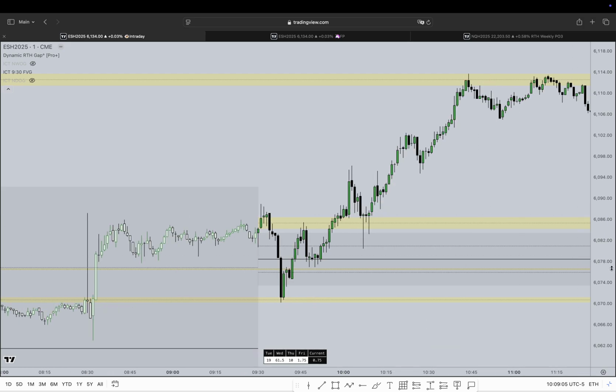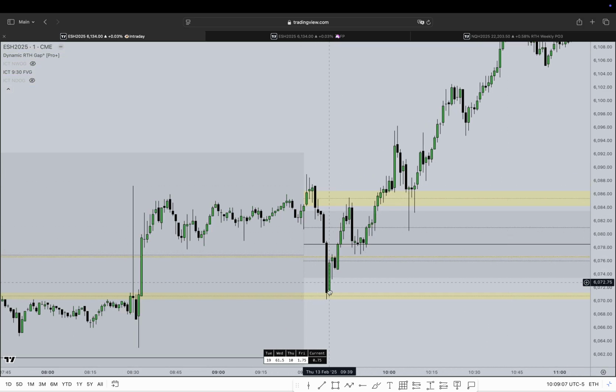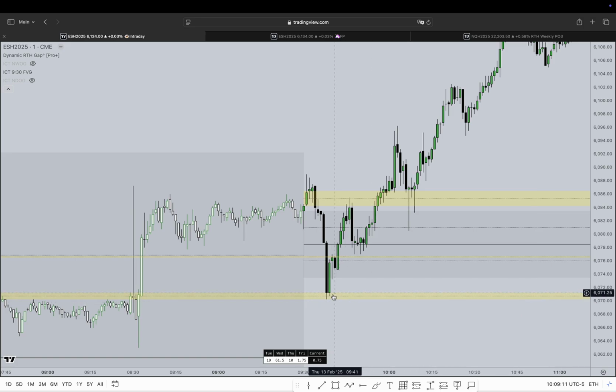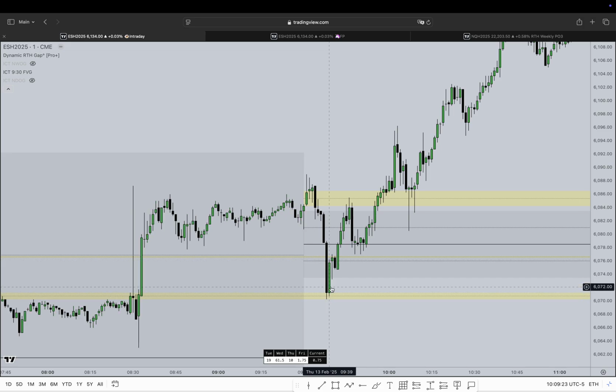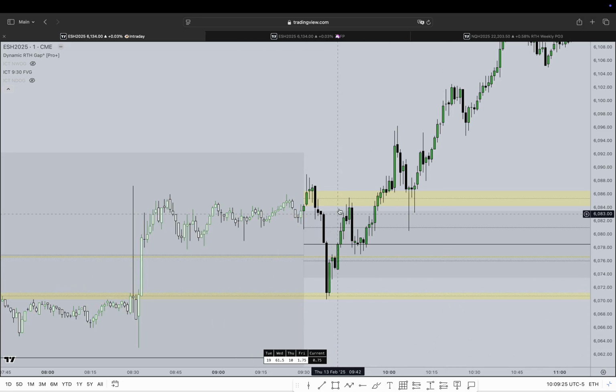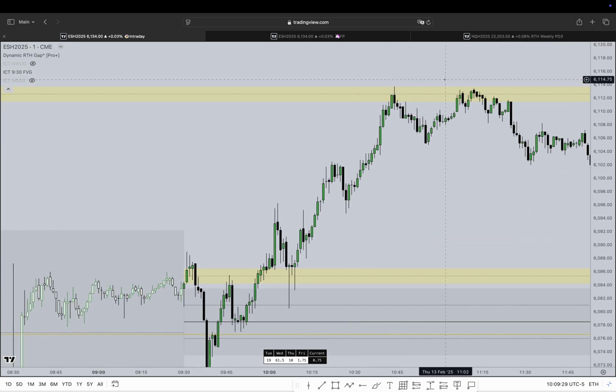On this day, do you see how ES completely rebalanced the gap? We reached the first presentation, close above the 50% of the regular trading hours gap. This is confirmation that we should look for higher prices now after we tap discount and reach an area of fair value, move higher, and we reach this first presentation also here.